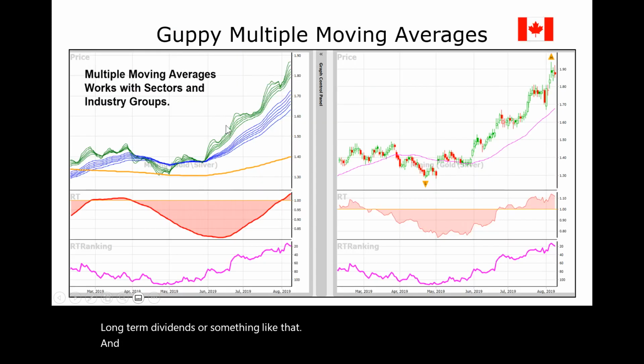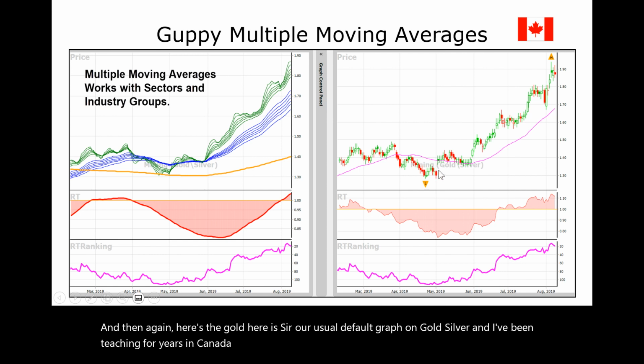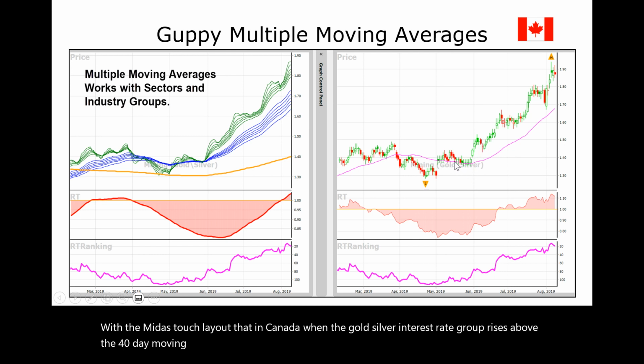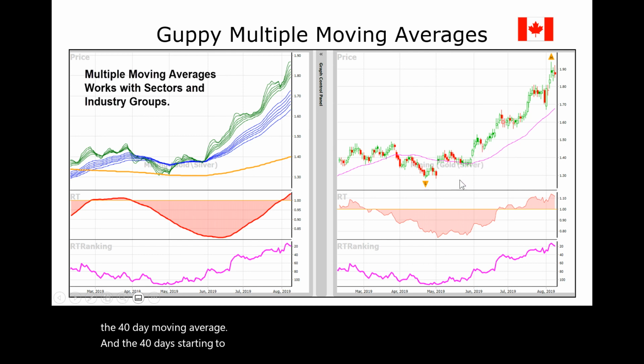And then again, here's the gold. Here's our usual default graph on gold, silver, and I've been teaching for years in Canada because we don't have the Huey. We like the Huey on the US side with the Midas Touch layout, but in Canada, when the gold silver industry group rises above the 40-day moving average and the 40-day is starting to flatten out, that's a great time to start buying gold positions.